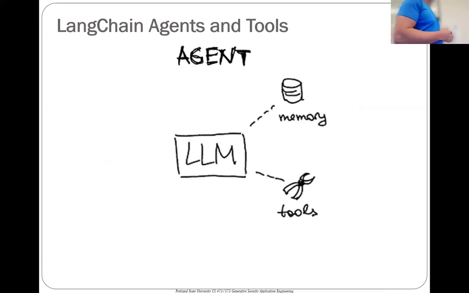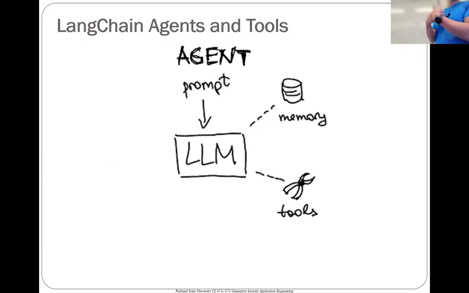An agent takes an LLM and then it adds two things. It adds memory so that it can keep track of what it's doing, and then tools so it can interact with the world to try and answer a user's prompt. So those are two things. And then what happens is that the user will prompt the LLM application.